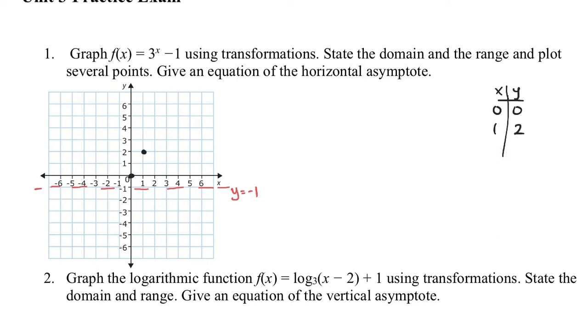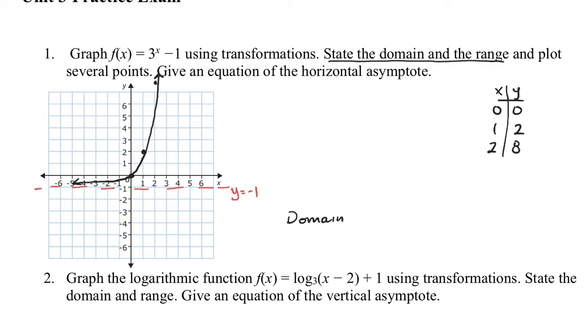And then if we let x equal 2 and plug in a 2 for x, 3 to the second power is 9, 9 subtract 1 is 8, so (2, 8) is on the graph. And there you go.